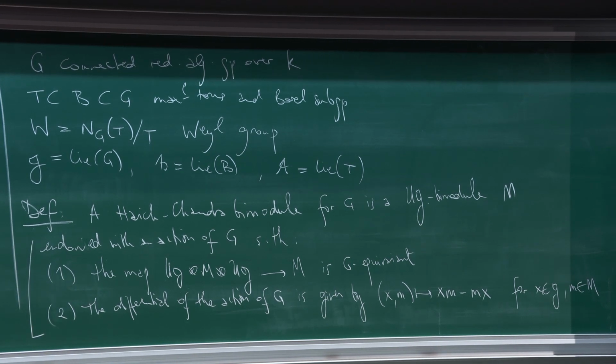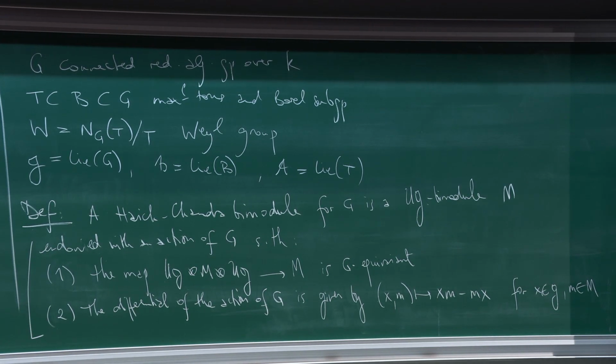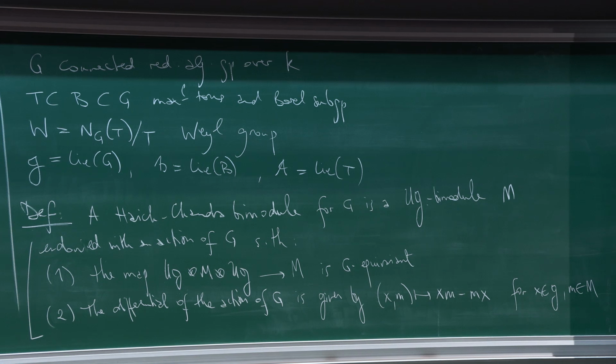So in other words, a Harish-Chandra bimodule is a bimodule such that this diagonal action can be lifted to an action of the group. And since we work in characteristic p, this upgrade of the action of the Lie algebra is not a condition, it's really a datum, it's not uniquely determined.